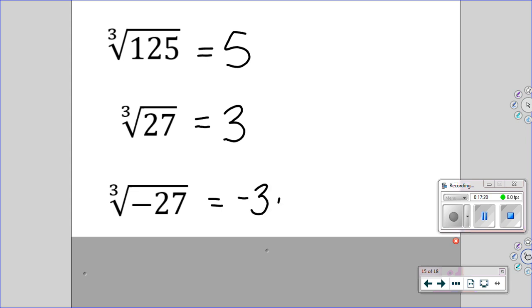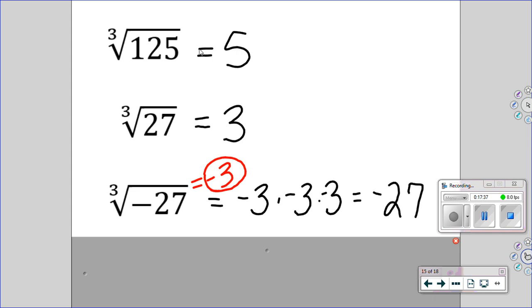So it would be negative 3 times negative 3 times negative 3, which equals negative 27. So Michael is correct. There is a solution. You can have a negative under the radical sign when you're doing the cube root, and the answer is negative 3. It is possible. Please write that example down.